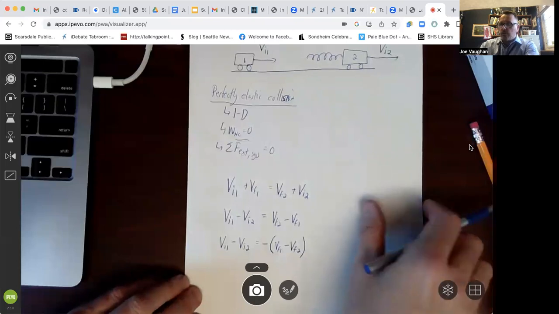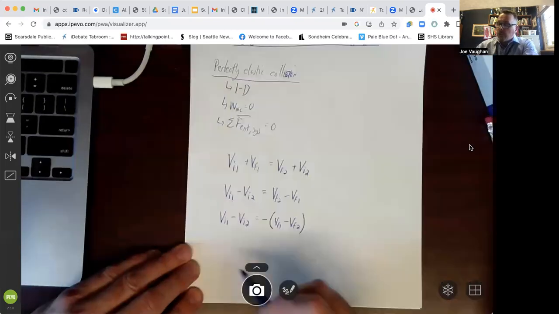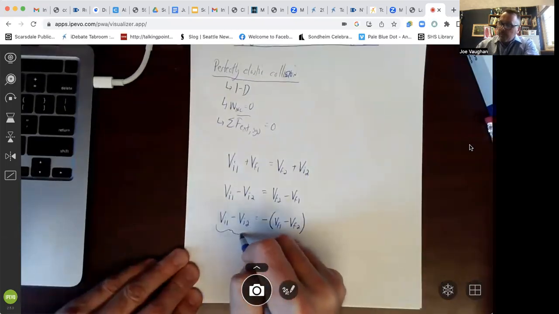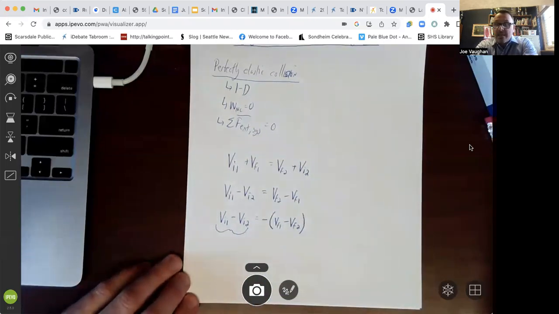All right, so hopefully you figured it out, you restarted it, and you recognized that anytime we subtract velocities like this, this is about relative velocities.